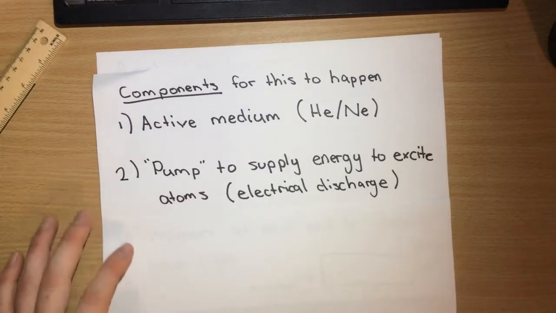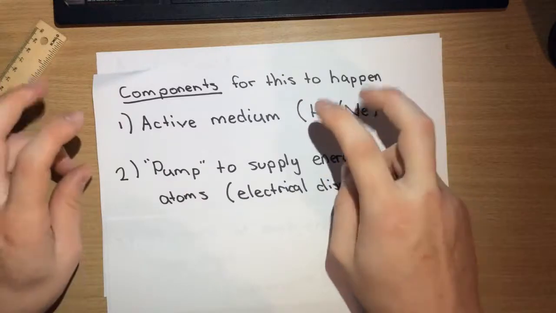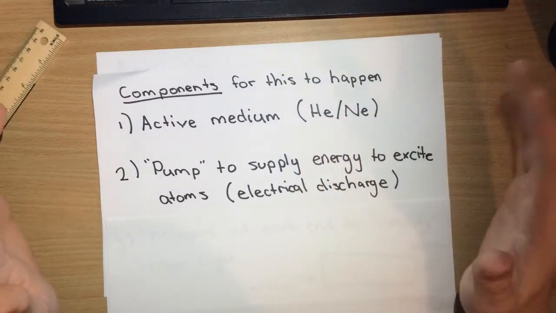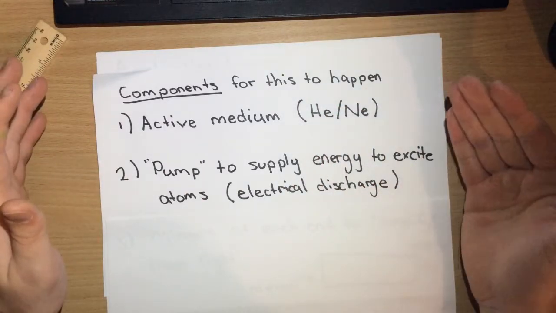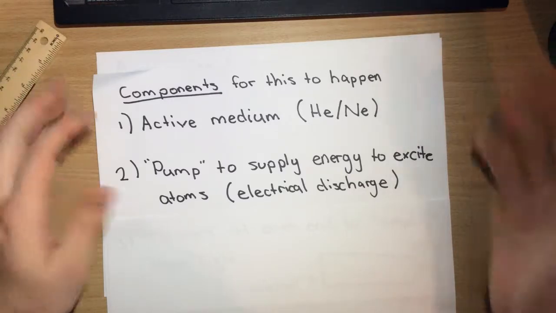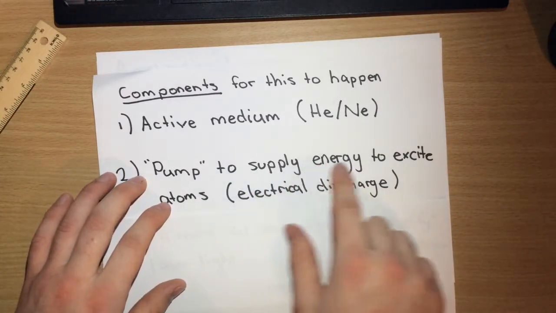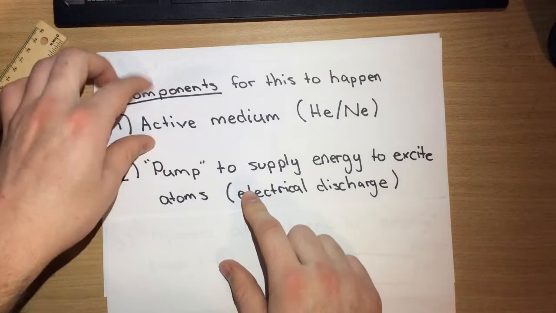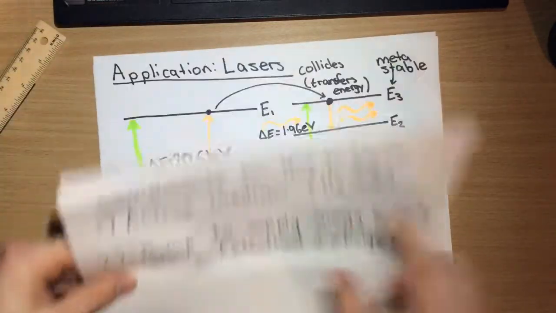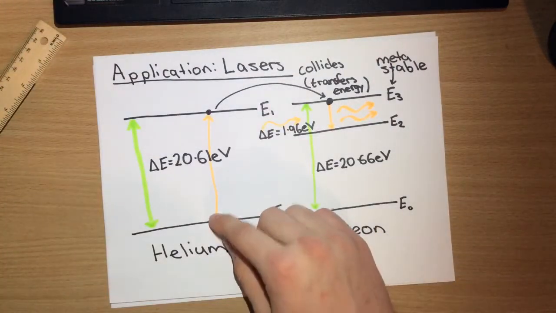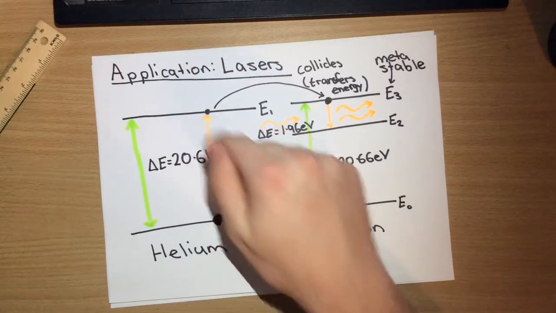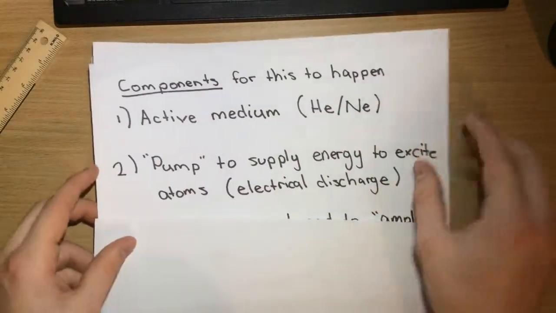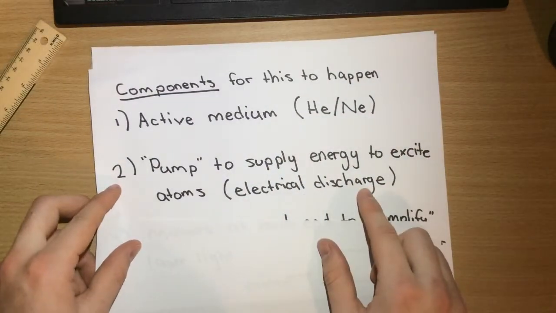The next thing we need is a pump, and I put that in quotation marks because it's not a pump like you'd pump a soccer ball up with. It's a pump that supplies energy to excite atoms. We need to excite atoms from the ground state up to the first excited level, and usually we do that with electrical discharge.